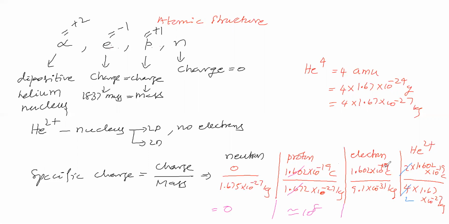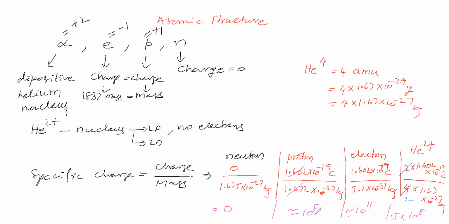This 10 power minus 19, if we cancel, what will happen? It is roughly 10 power 11. For this, 10 power minus 19, 10 power minus 27, so roughly 10 to the power of 8. The denominator 2 is there, therefore that is 0.5.